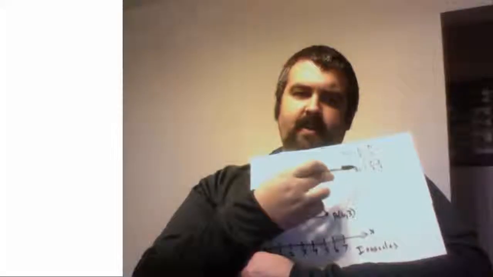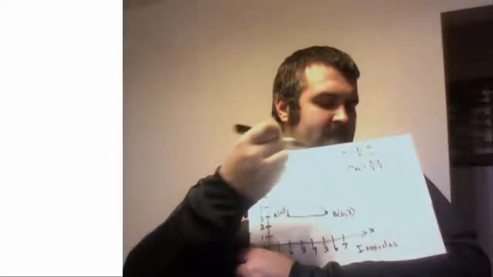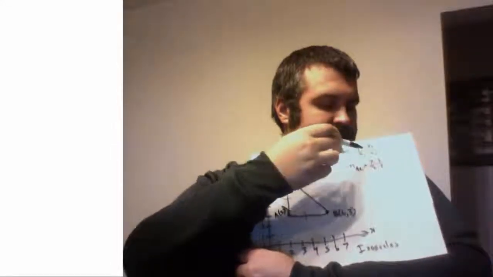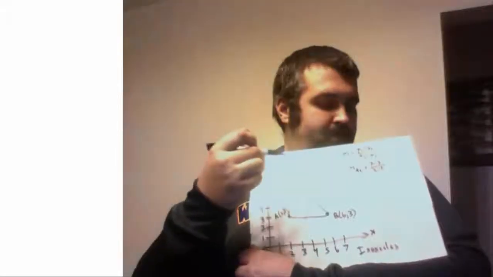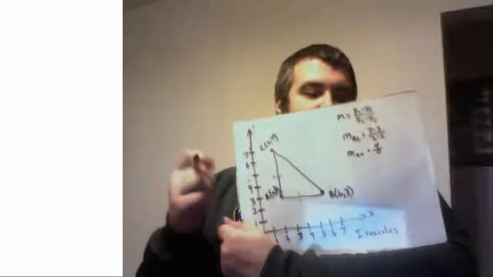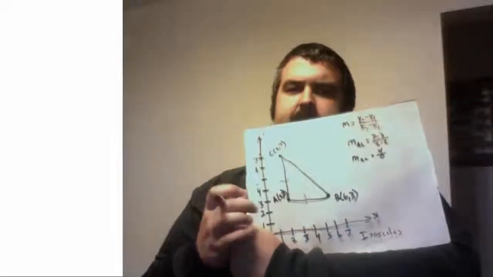So the slope of AC equals 7 minus 3 over 2 minus 2. That's what I get right there. And I label it slope of segment AB equals 7 minus 3 over 2 minus 2. Now I just simplify. I get the slope of line segment AC to be 4 over 0.